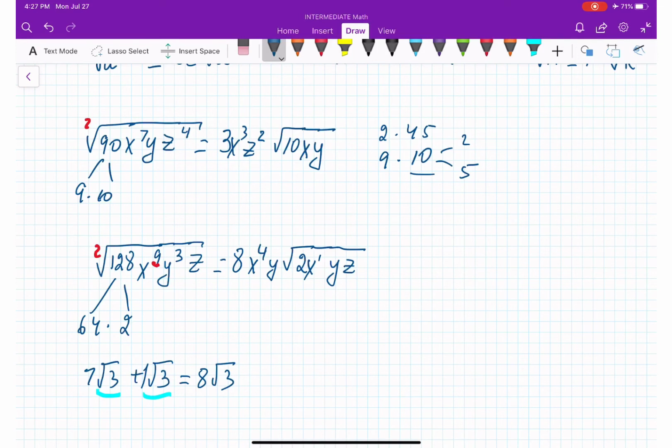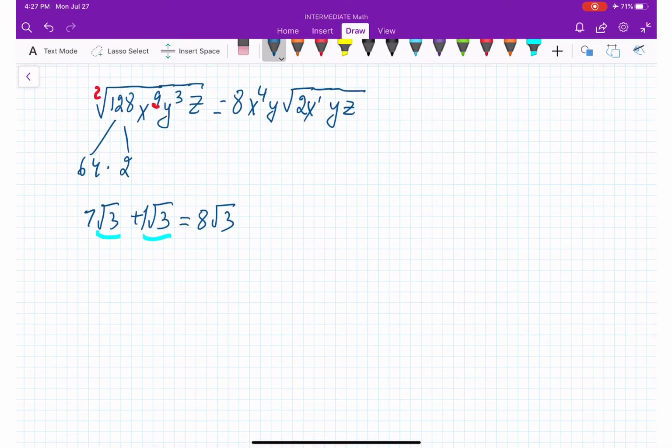Next one. 8 square root of 3 plus 11 square root of 11 minus 9 square root of 11. We can add these two terms. Square root 3 is going to be like a zombie.